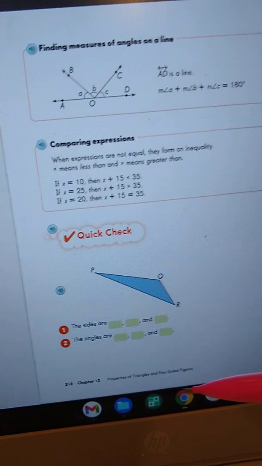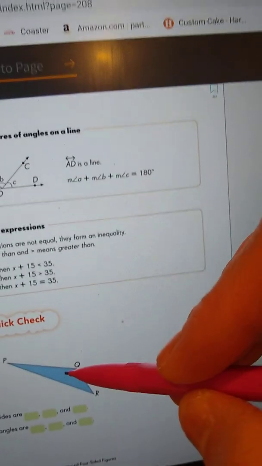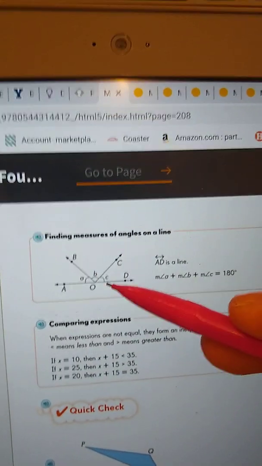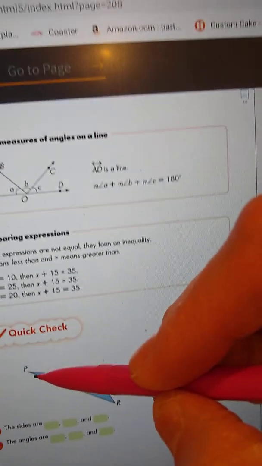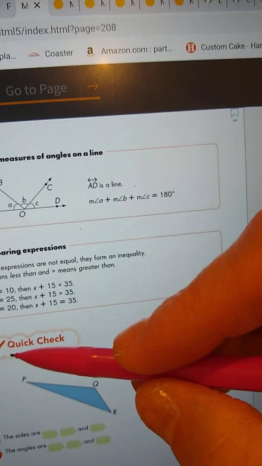The angles, you just have to name the sides that are involved in the angle. So think about the angles being just the parts where these lines come together. Remember how they have these little angle signs? Okay, so the first angle, we would call this angle right here by P, and we would name it RPQ, okay?